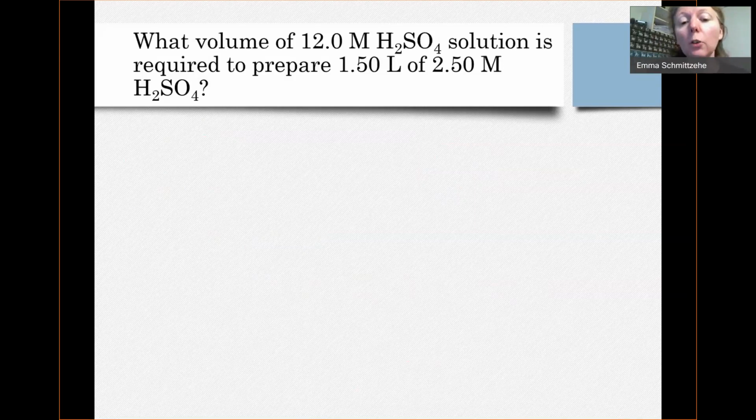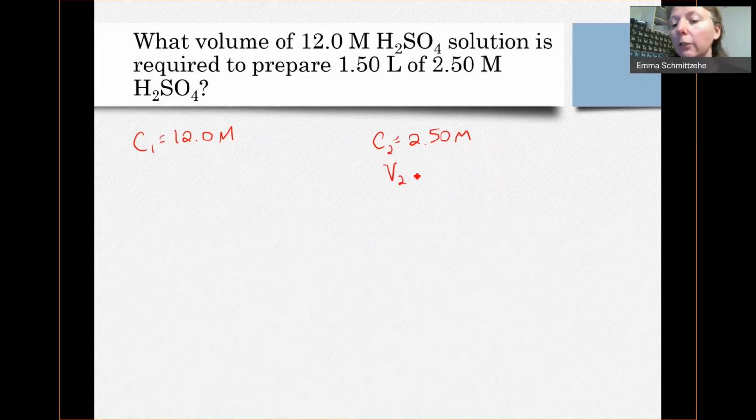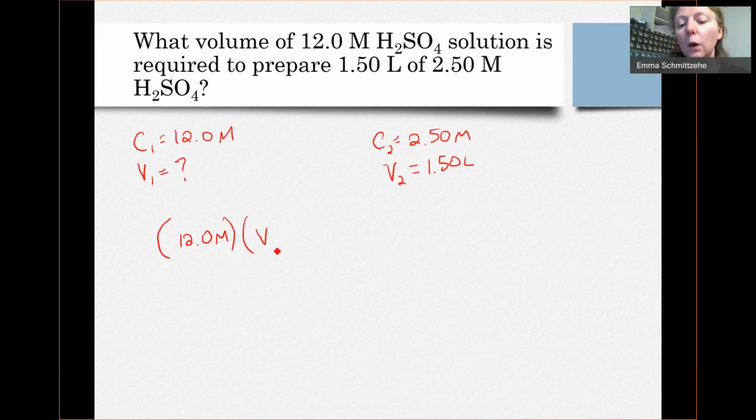So my 12.0 molar is really my C1. And my 2.50 molar is really my C2. That's going to be my ending solution. And I want 1.5 liters of that ending solution. And so I'm asking how much of the initial do I need? So I would have 12.0 molar times my V1 equals 2.50 molar times 1.50 liters.